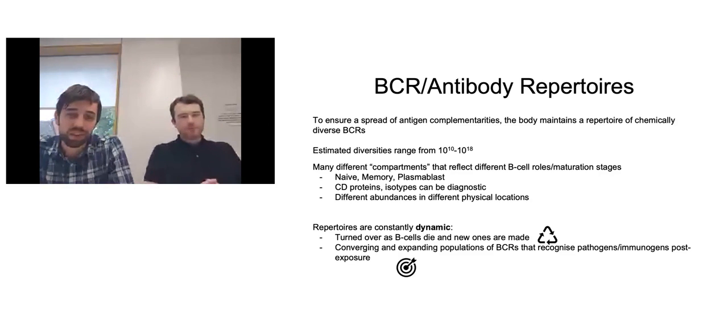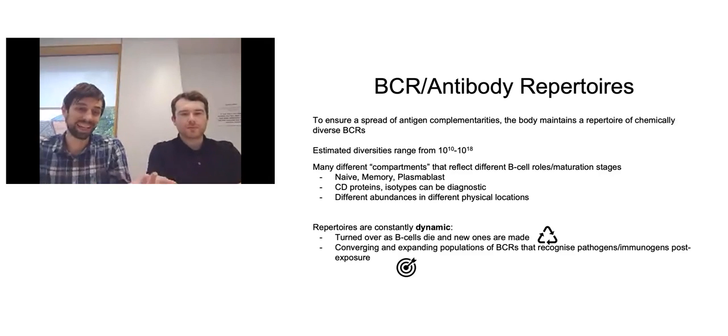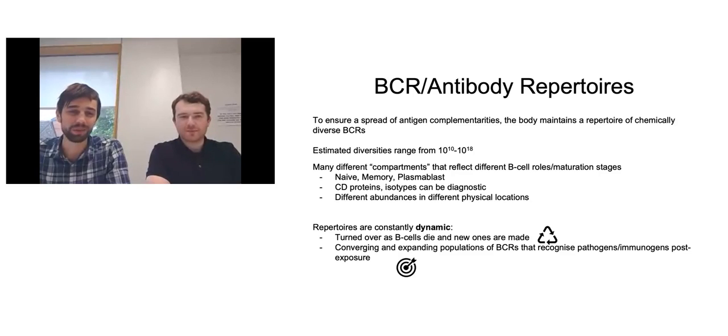So to take us back to the data, what is a repertoire to the Antibody Society? I don't need to go into what antibodies are and why we're so interested in them. Clearly, they're immune proteins that can very selectively recognize pathogens and signal that they should be removed from the body. But part of their specificity is to ensure that complementarities all exist in the body.